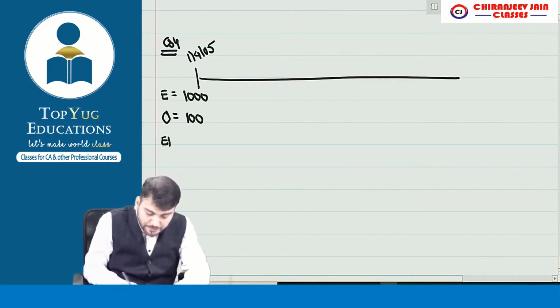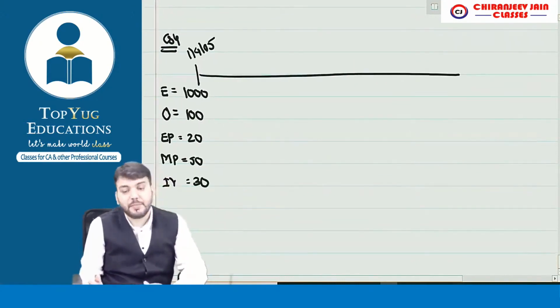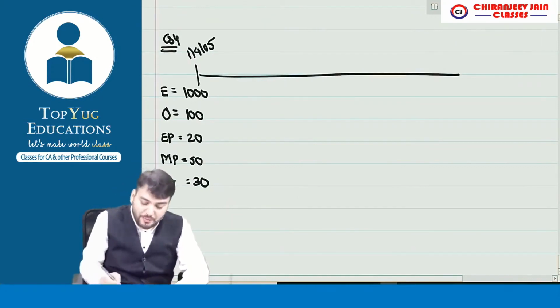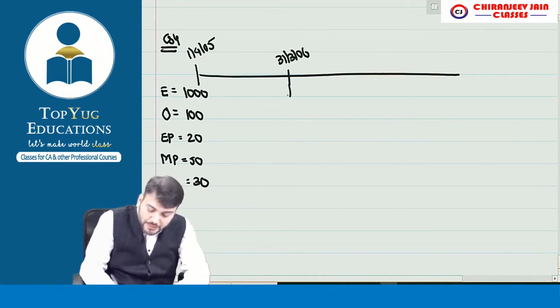Correct. Exercise price 20. Market price 50. So intrinsic value is 30. Correct. Intrinsic value is 30. Why? Because fair value of option is not given, so we'll take what? Intrinsic value. Then at year end 1, 31st March 2006, what did they say?